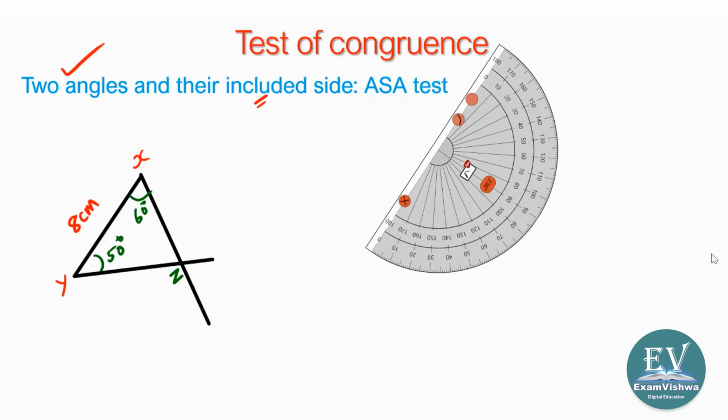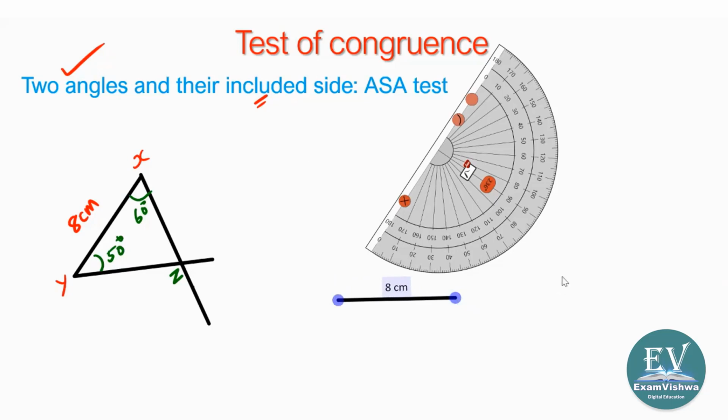And if I draw another triangle in the same manner, I'm doing an activity like here. I am drawing a line here. Earlier it was 8 centimeter, same 8 centimeter.